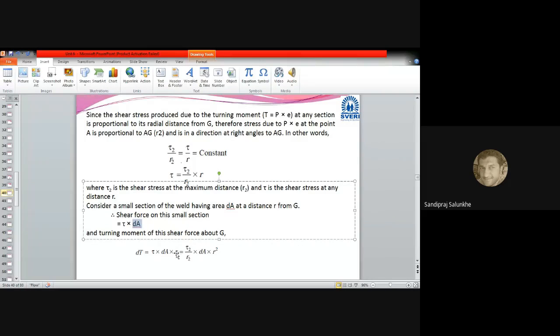So force multiplied by distance, and that can be calculated because we have already derived tau as tau 2 divided by R2. We put that here, multiplied by dA, that is the small area, multiplied by r, and this will become r square. Now this will be the moment of that small welded area dA.